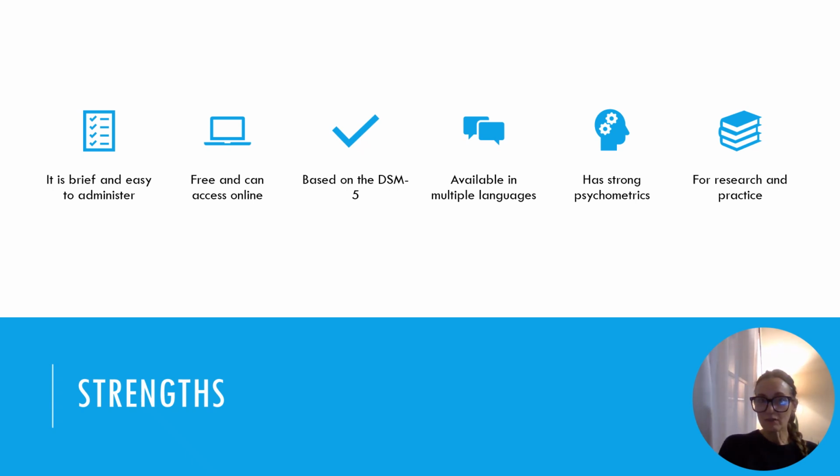It has strong validity and reliability measures, measuring trauma, exposure, and symptomology. It also has 2 assessments for 2 different age groups, which also aligns with the DSM-5. It's been used all over in places like Turkey, Uganda, Sweden, and Britain, and is available in multiple languages. The CATS has shown to be useful in both research and in clinical practices.